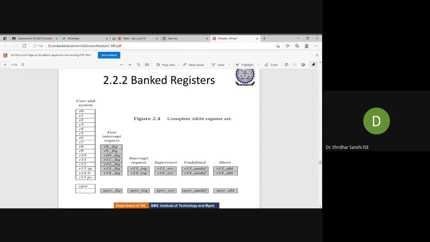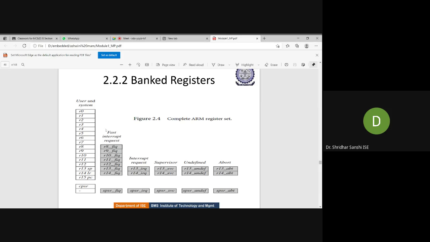Out of 37, 16 registers are general purpose, and one indicates the current program status register. So these are the user registers, visible whenever the user is executing.